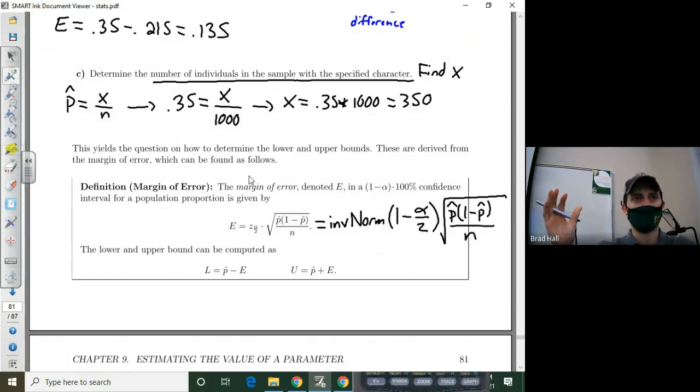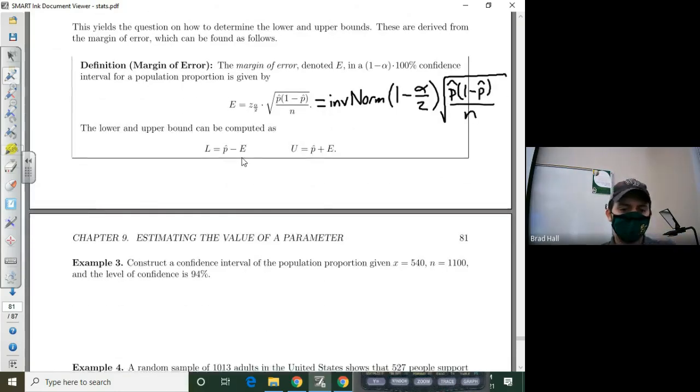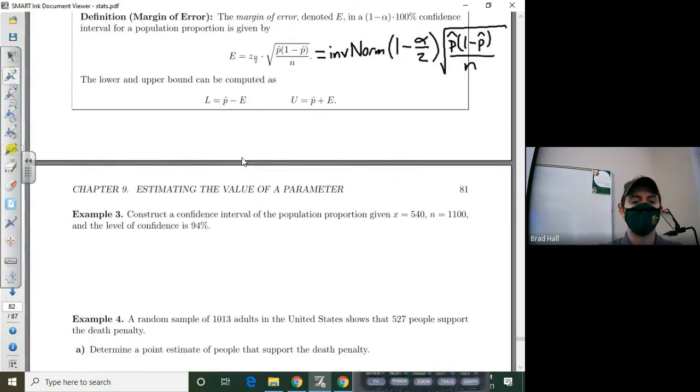So you're basically figuring out how far away do I have to go from the point estimate, and then you apply it. So it's kind of boom, boom, 2 steps. Now let's talk about an example where we have to apply this, and I'll keep the formula above while we talk about example 3. So they want us to construct an interval.